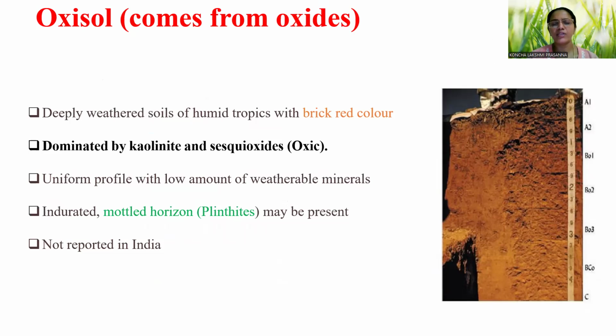This soil order has the development of a mottled horizon, that is plinthite, which may be present. These soils are mostly developed in the humid tropics with brick red color in nature. So here you can see the formation of the brick red color, that is the oxisols.